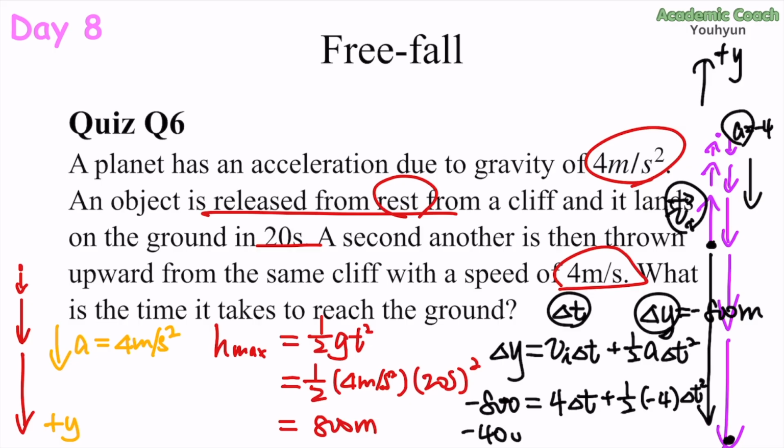So negative 400 is equal to 2 delta t minus delta t squared. I can rewrite it as delta t squared minus 2 delta t minus 400 is equal to 0.